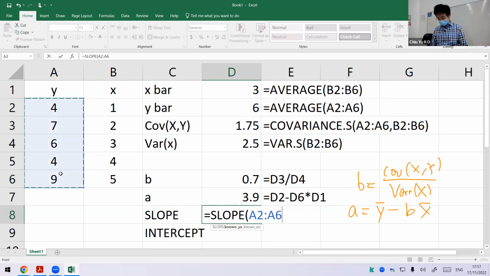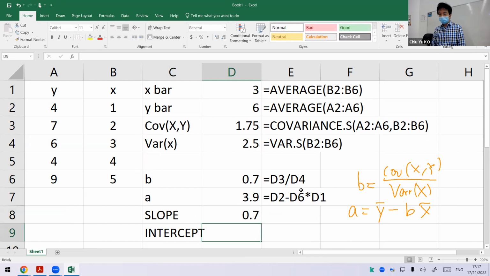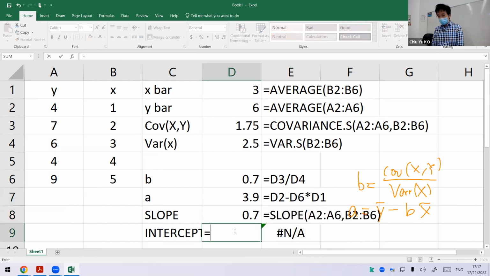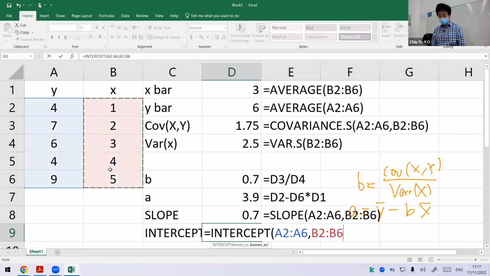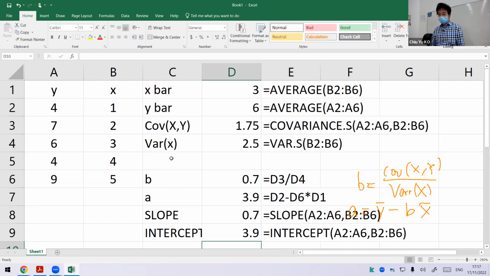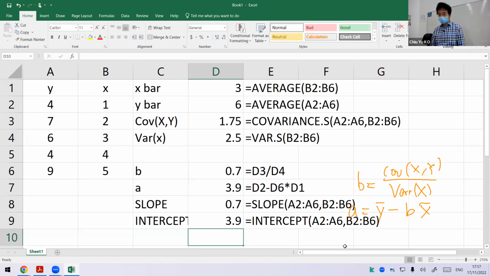So this is the Y and this is the X. You can see the answer there. The intercept is just the same: intercept, Y, X. You're done. So I hope you can see how you can do it quickly.